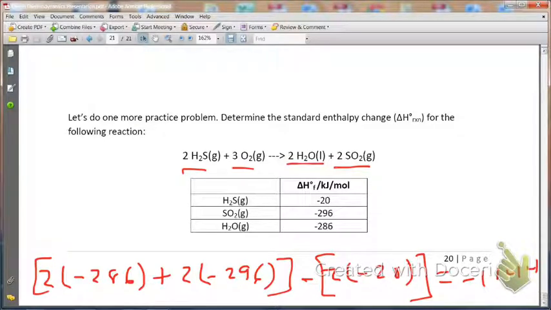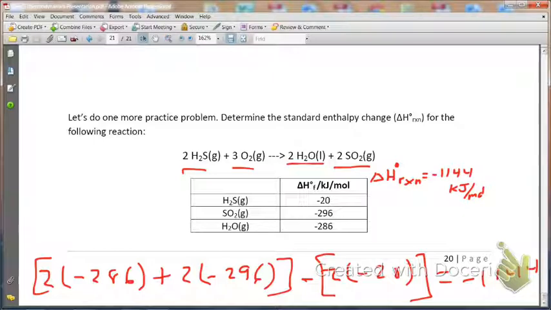So the delta H for the reaction, standard conditions, is negative, so it's exothermic, 1144 kilojoules per mole. Alright? So there's the answer for that.